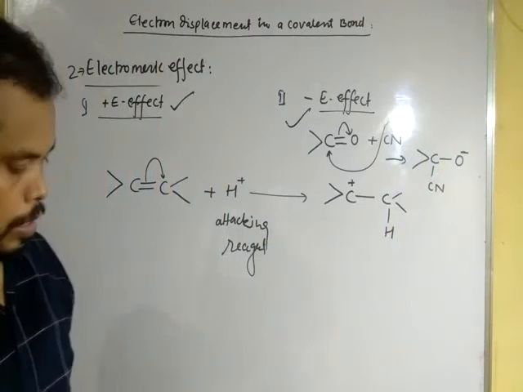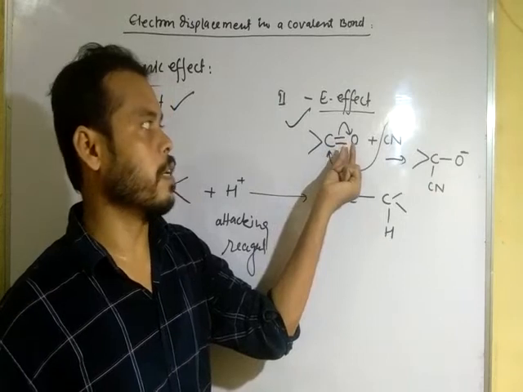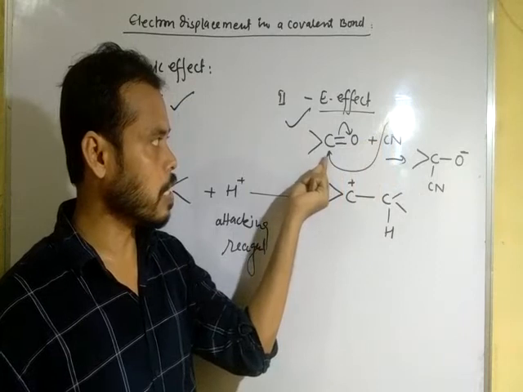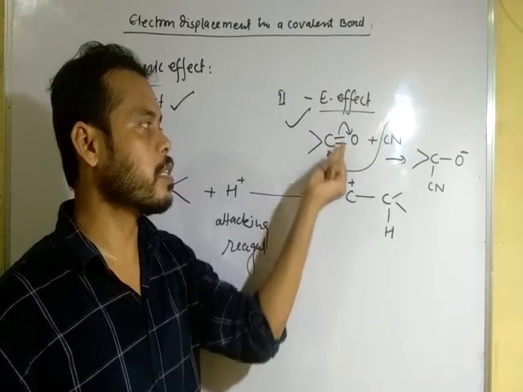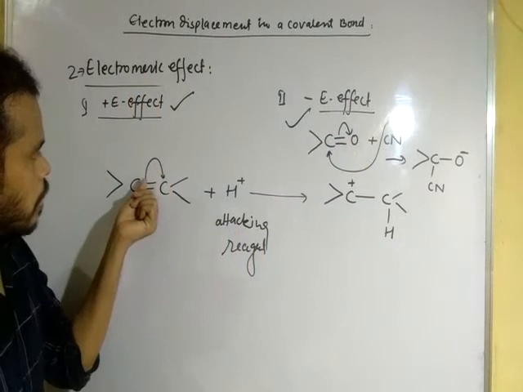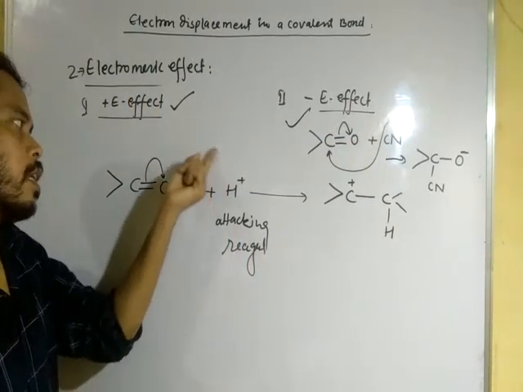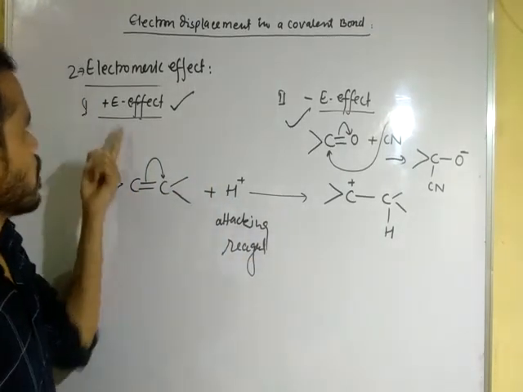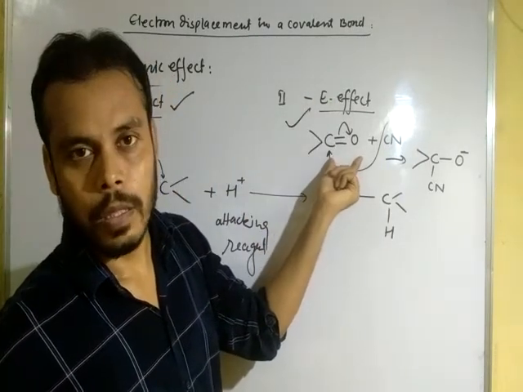In this displacement, the displacement takes place away from the attacking reagent. This is a plus electromeric effect and this is a minus electromeric effect.